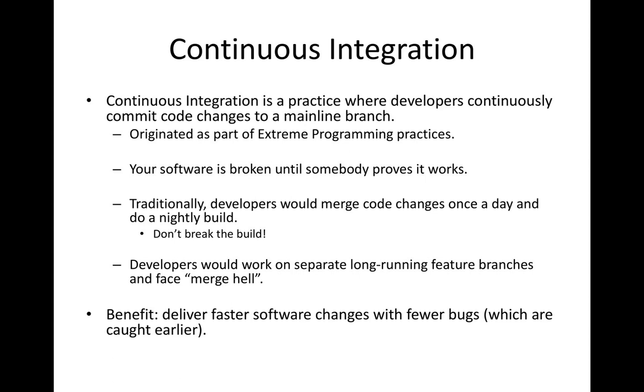So traditionally, the way software development has been done for decades is that software developers were writing code. They were writing code generally on a feature branch within a code repository.